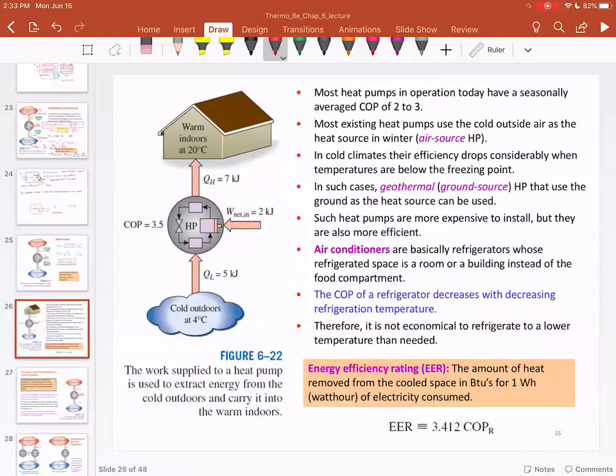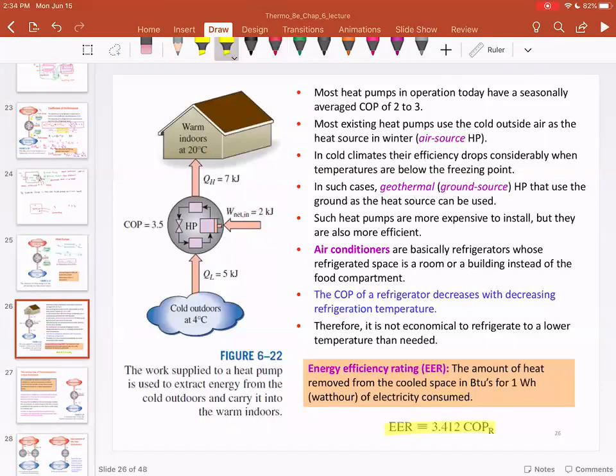Now, nowadays, if you look at air conditioners and refrigerators, the efficiencies are defined in terms of EER, which is called energy efficiency rating.